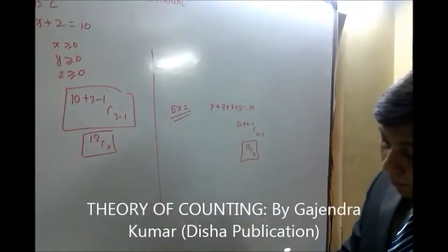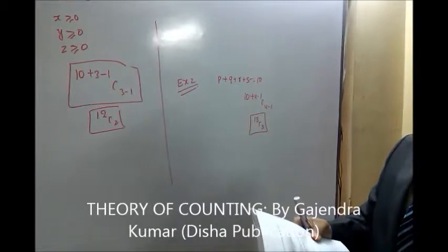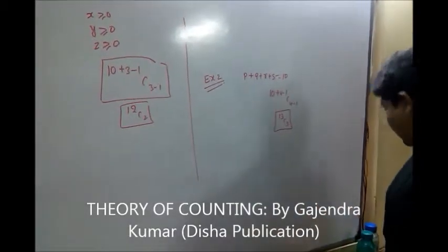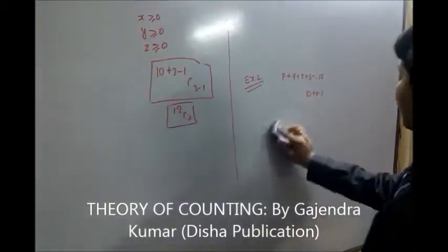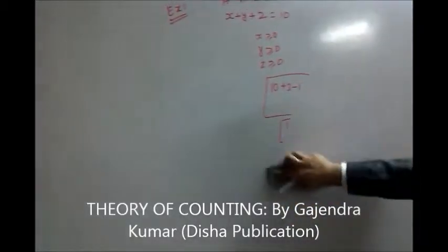Let's see example 3. Find the number of positive integral solutions of the equation x plus y plus z is equal to 10. Slightly changed question. We need to find the number of positive integral solutions.